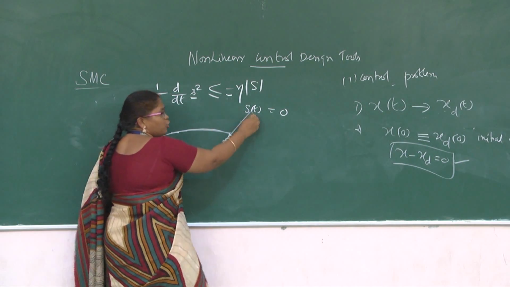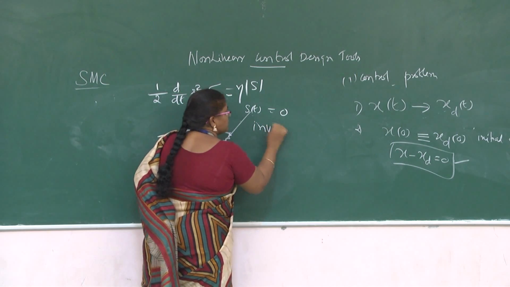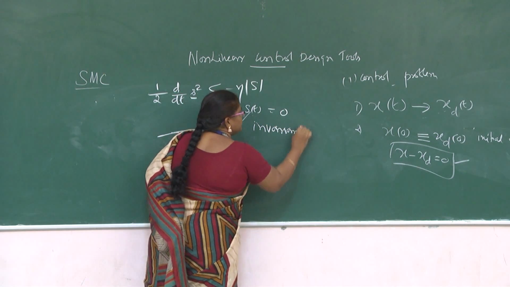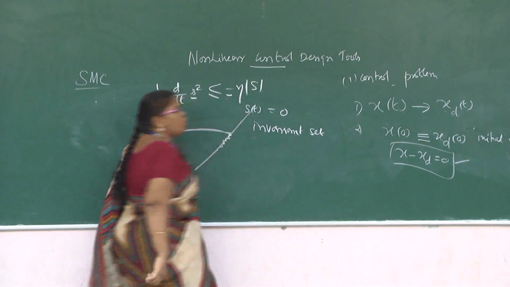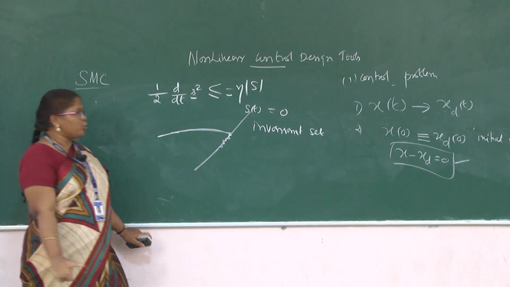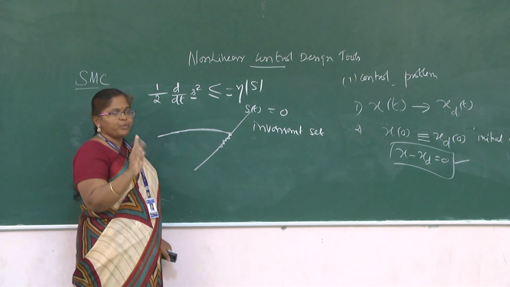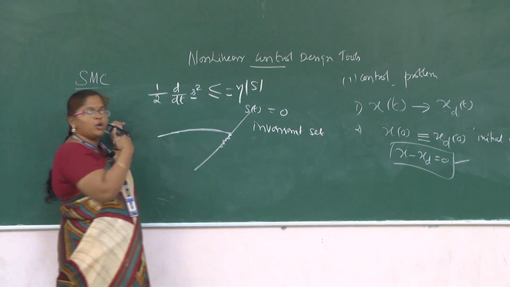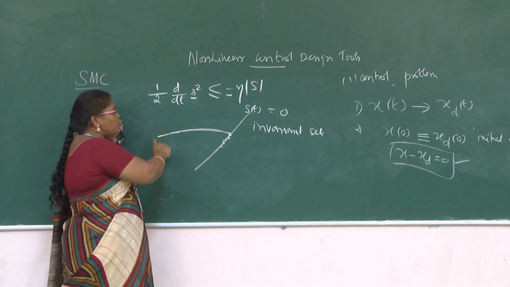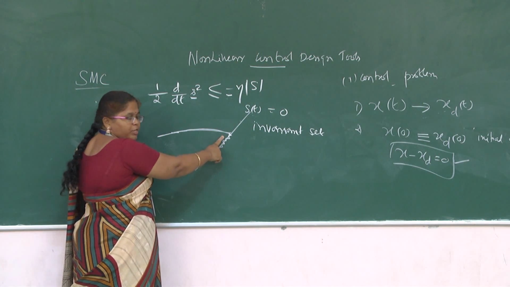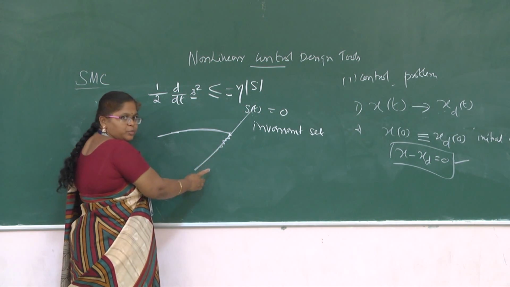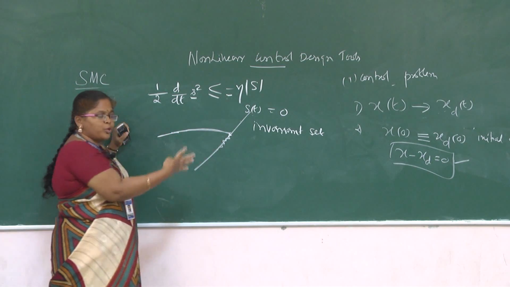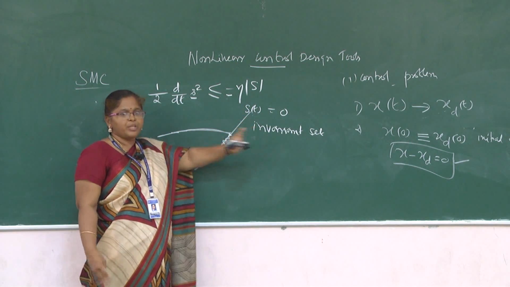Hence I can say your s of t is an invariant set. So one of the important characteristics of sliding mode control is that it is insensitive to disturbances. If I allow my output of interest to reach the sliding surface and stay on it, then definitely it is insensitive because this set itself is an invariant set.